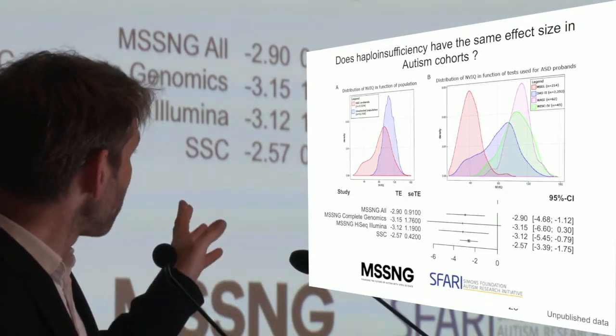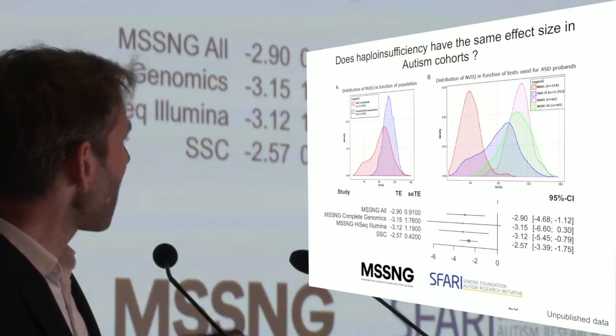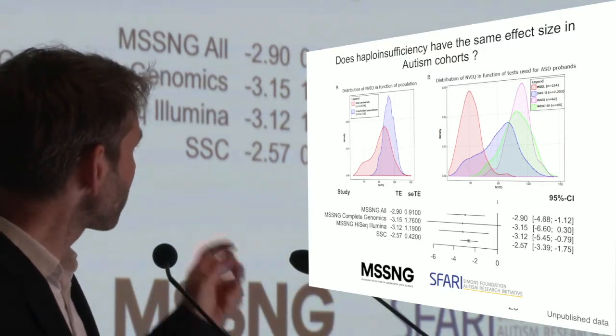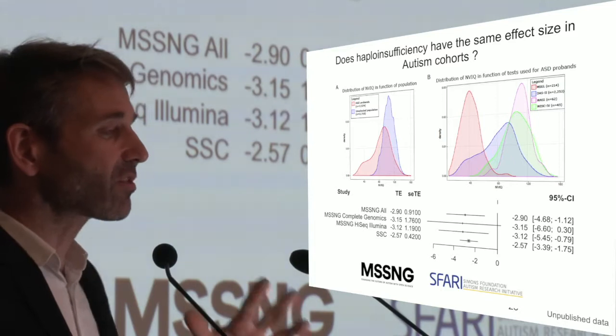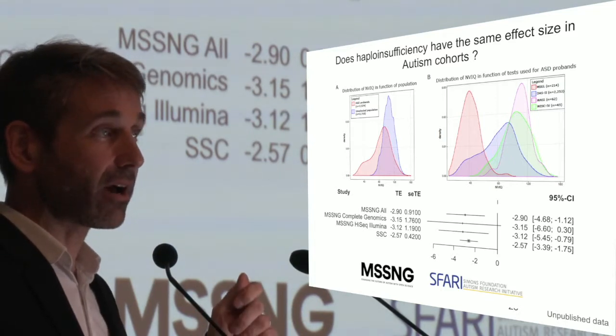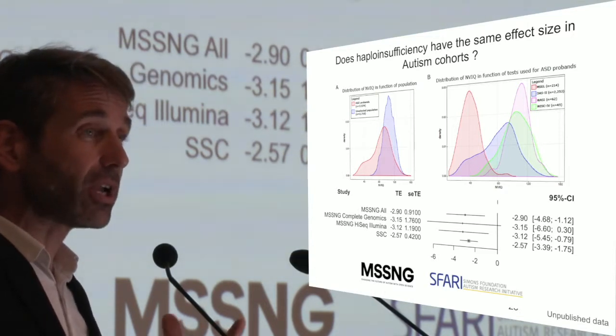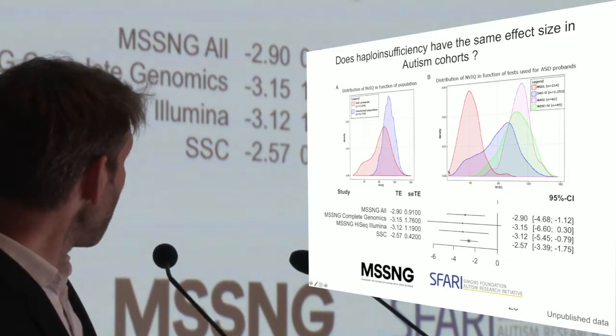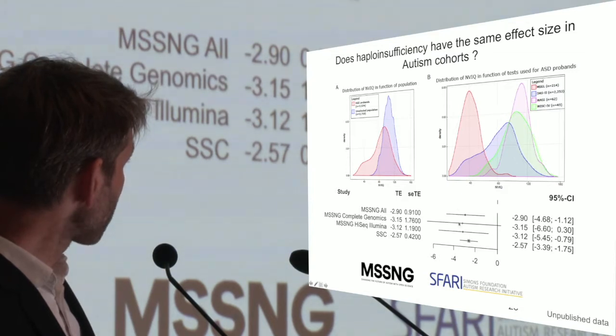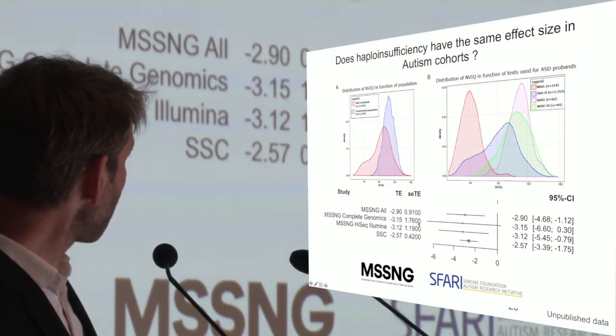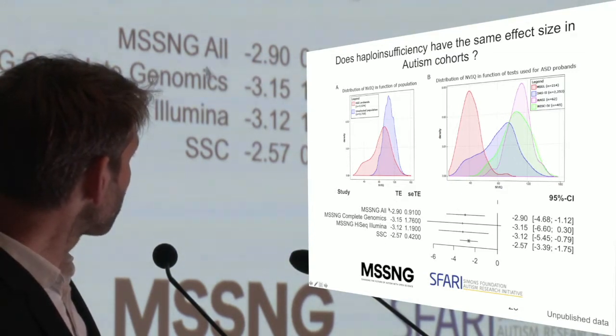This is unpublished now, but what we've been doing is trying to replicate these initial findings. The first thing we did is, okay, how does this model fare in disease cohorts? So let's take an autism cohort and see if it works exactly the same way. This is like a mini meta-analysis using 4 autism cohorts.